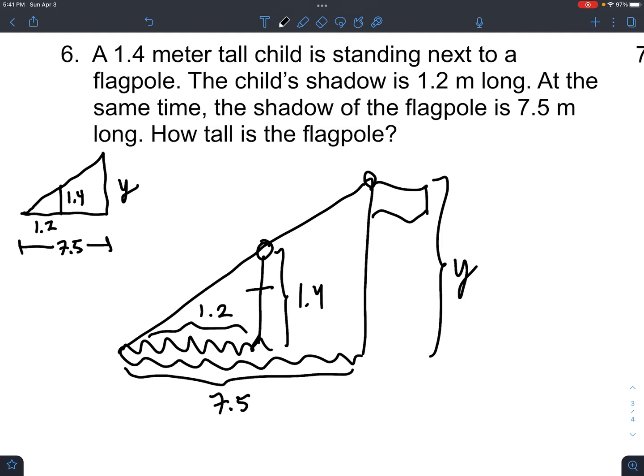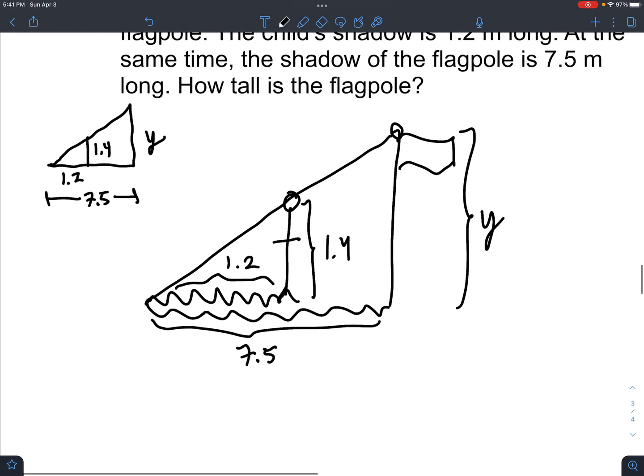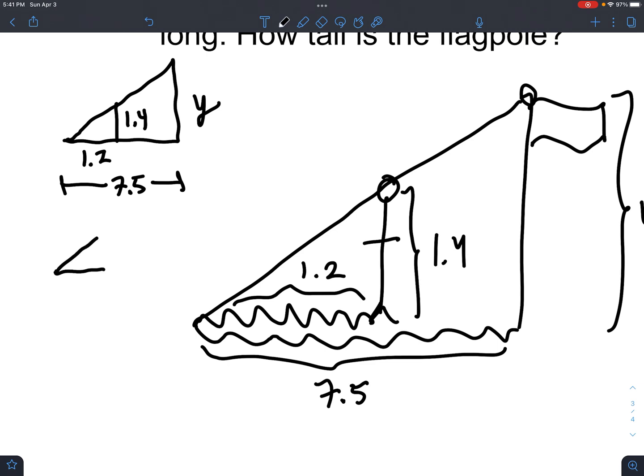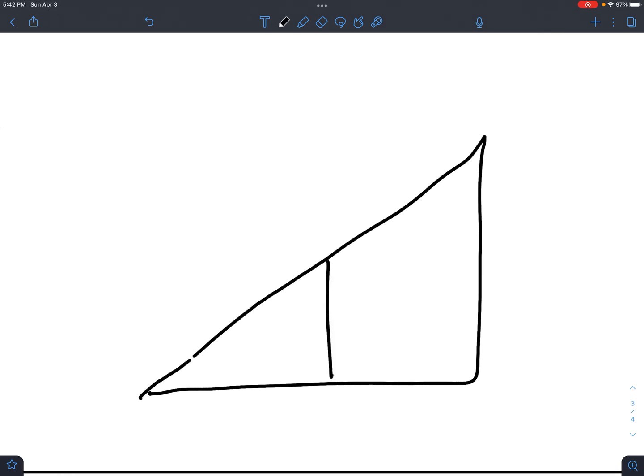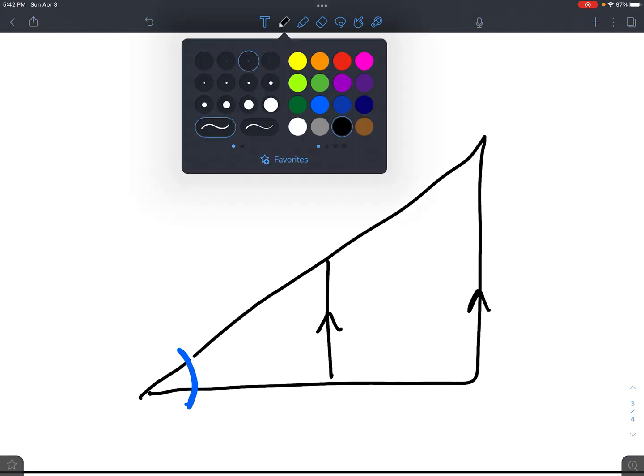Well, one thing that we know is that we have similar triangles. Why do we know we have similar triangles? Well, let's take a look at these triangles. If you really want to know why, and I'll erase this in a second, if you have a figure like this, you have an angle here, and because these two things stand up straight, you have parallel lines.